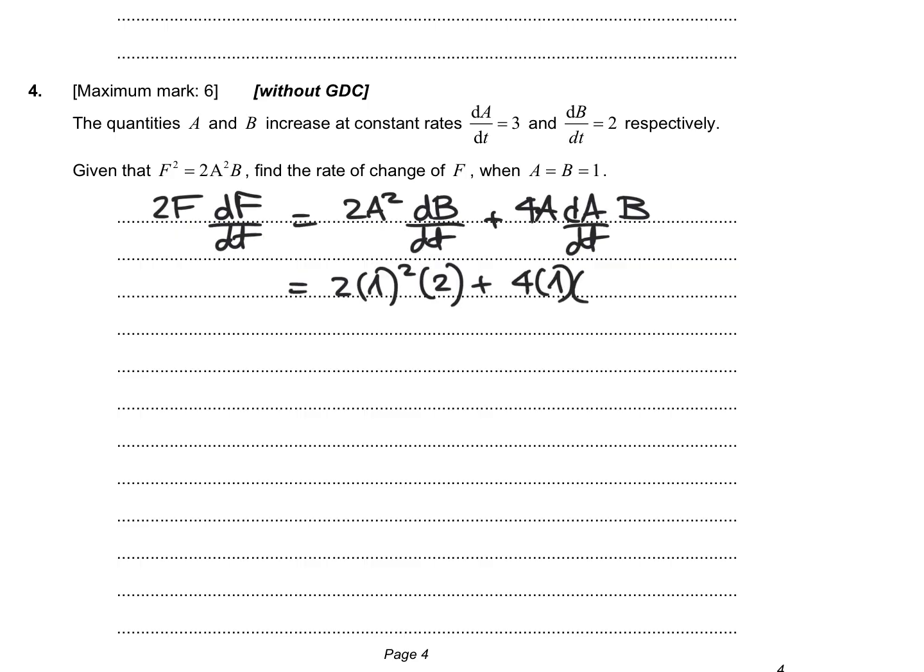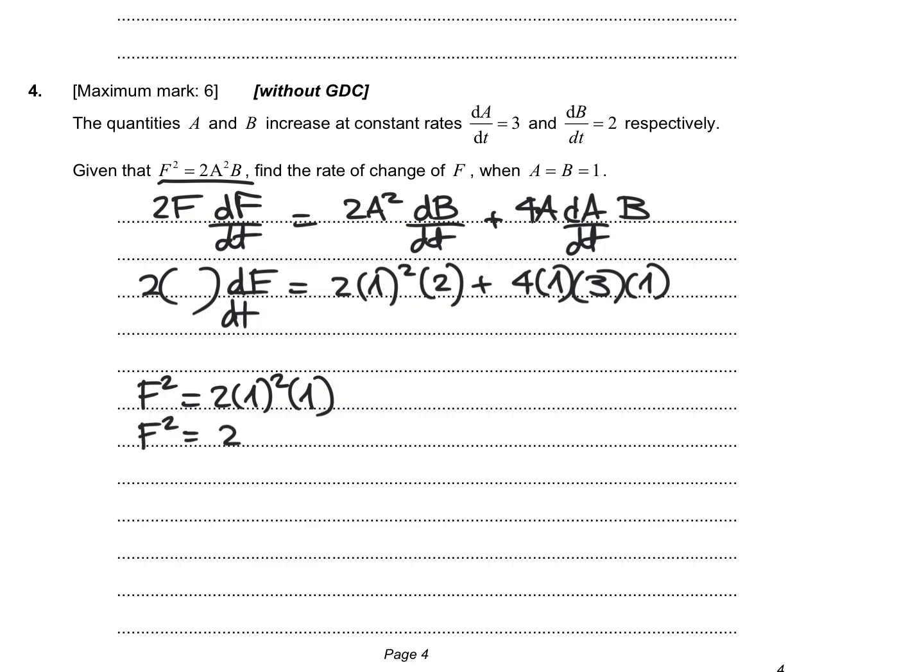And we need f. Okay, so f squared is 2 times 1 squared times 1 from the original thing. So we're going to have f squared equals 2, so f is plus or minus root 2.